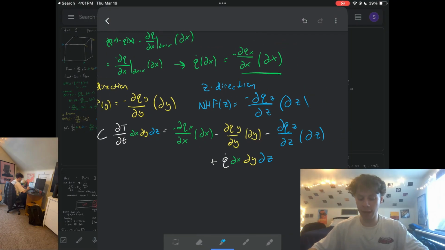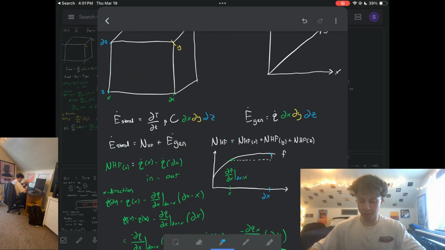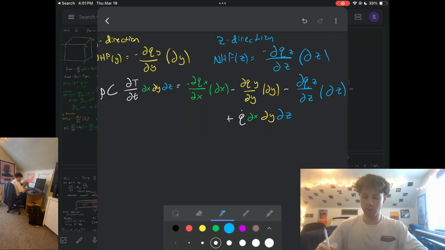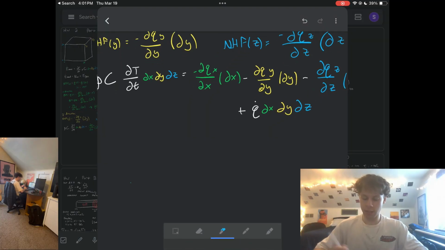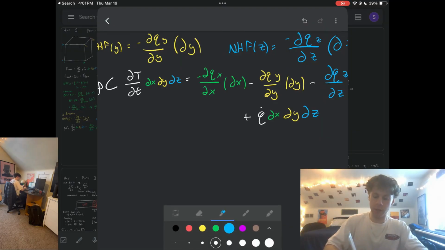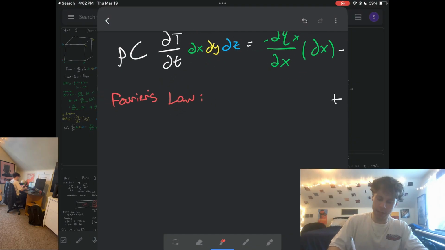Because we have a solid cube here, we can evaluate our heat flow using Fourier's law. And we know Fourier's law tells us our heat flow of conduction, which is heat flow is equal to the negative thermal conductivity times our area times our temperature gradient.